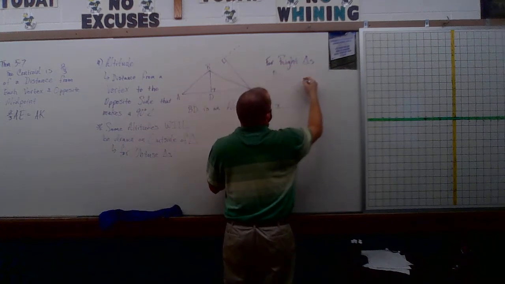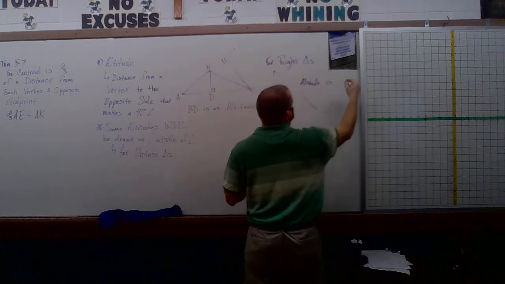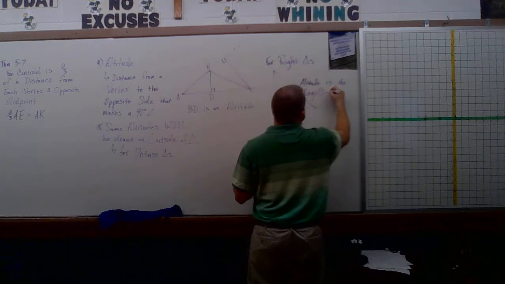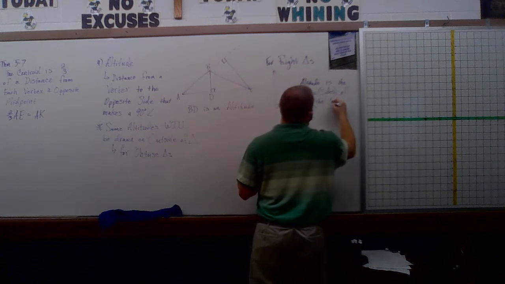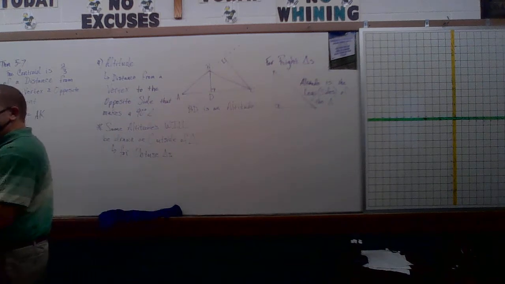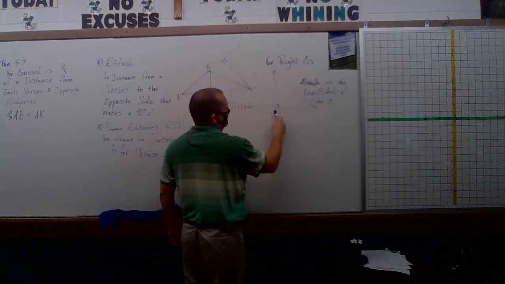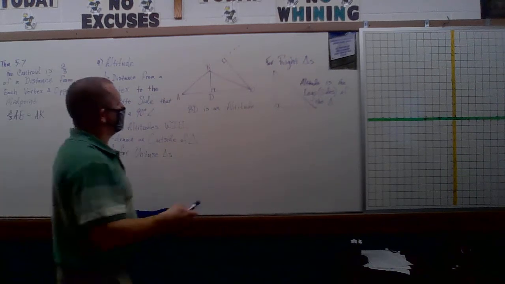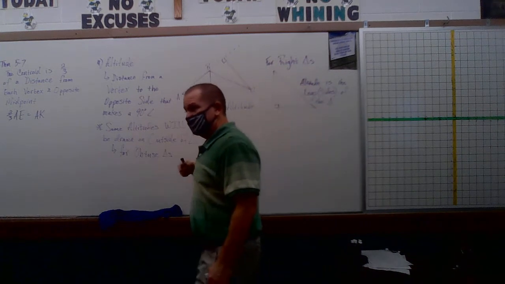So for a right triangle, altitude is the legs or sides of the triangle. Or at least one set of them is, right? Because I gotta have a right angle. And so if I have a right angle, it's just like this. So this is an altitude because it made a 90-degree angle with one of my sides. And it started at a vertex, right? So my legs act as an altitude.